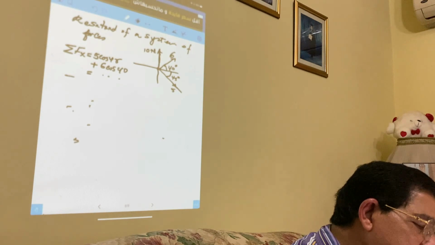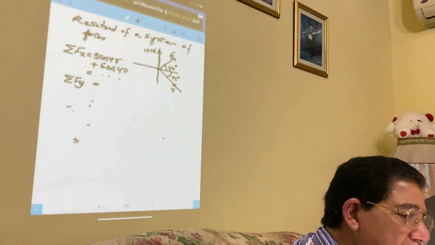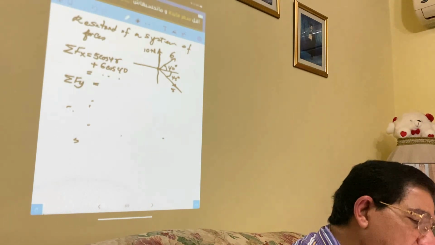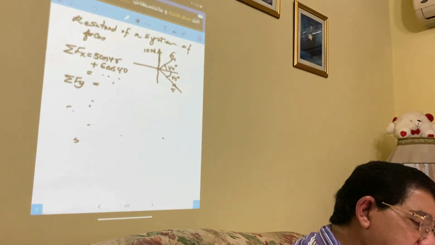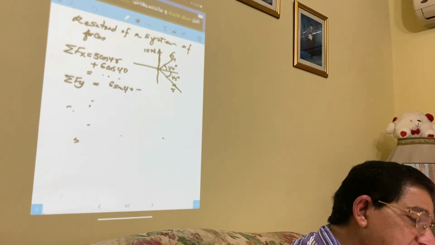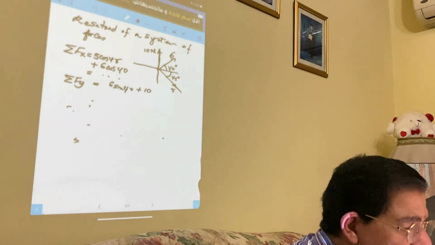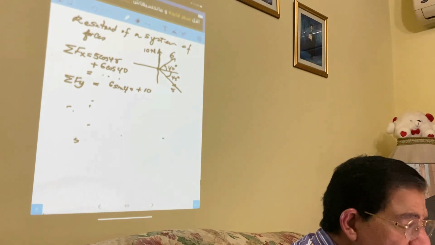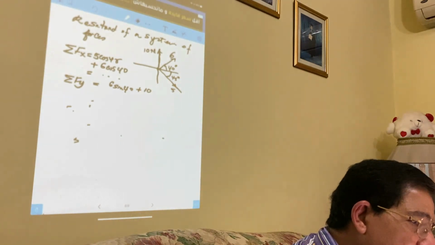Then we get the sum of fy. The sum of fy, up positive, down negative: 6 sine 40 plus 10, all of it is vertical. When a force acts along the y-axis, all of it is vertical.